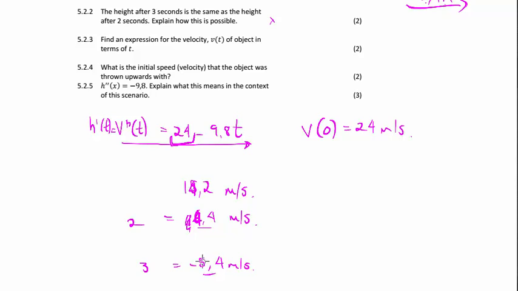And then this is minus 9.8. What is 4.4 minus 9.8? It's negative 5.4. Okay, you're right.